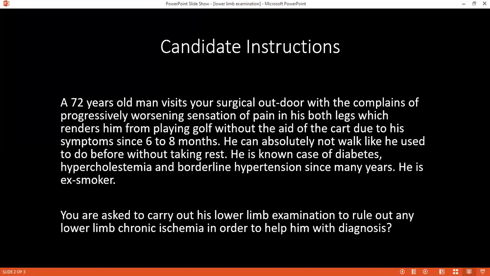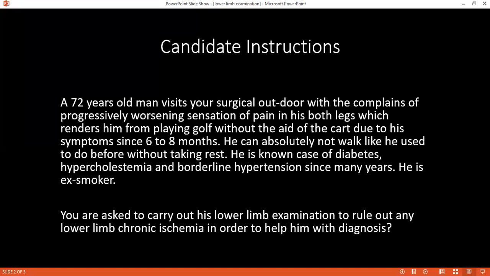What investigations would you carry out, and what is the treatment that you can suggest? I will do blood tests including blood sugar levels, cholesterol levels, fasting lipid profile, glycated hemoglobin, full blood count, and I will do imaging such as arterial duplex scan and CT or MR angiography.